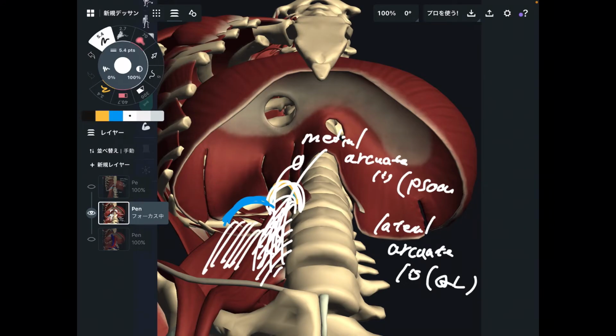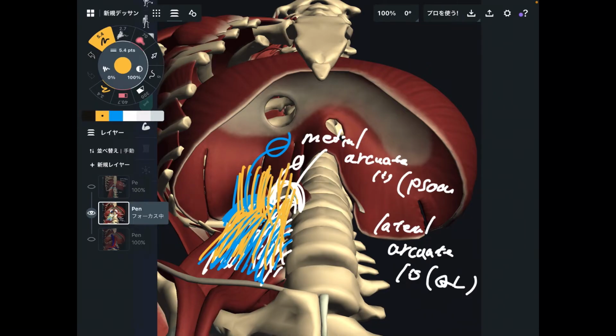As I said in the psoas part, there's myofascial connection between quadratus lumborum and diaphragm. So you can imagine there's correlation between quadratus lumborum and diaphragm. Thus, these two core muscles are so important for diaphragm. There's myofascial connection from core muscle to diaphragm.